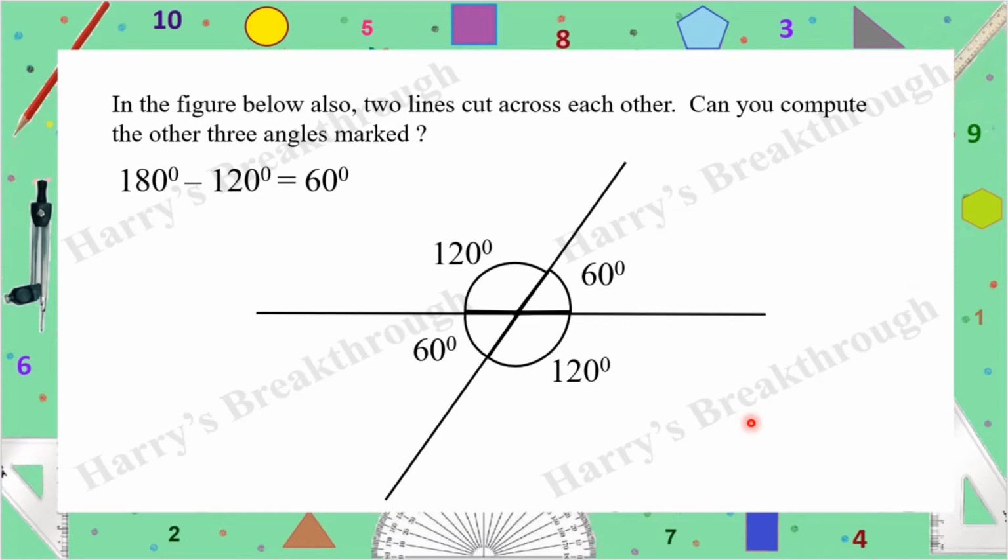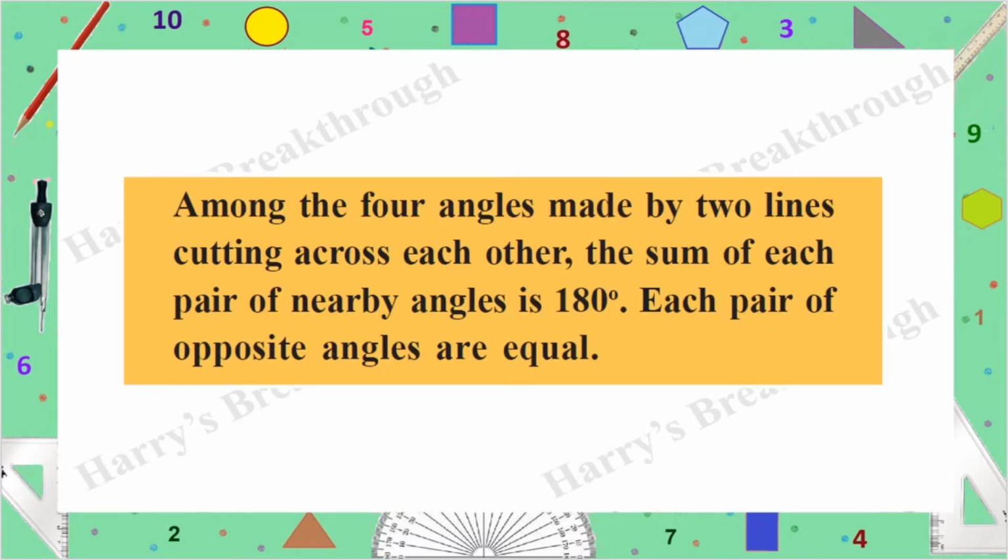Here you can see if two lines cut across each other, you will get four pairs of linear angles. Among the four angles made by two lines cutting across each other, the sum of each pair of nearby angles is 180 degree. Each pair of opposite angles are equal.